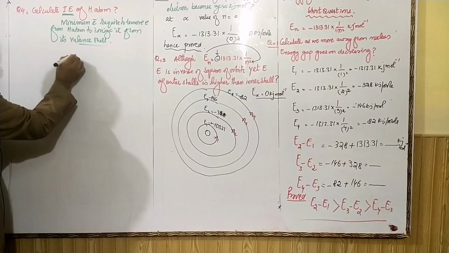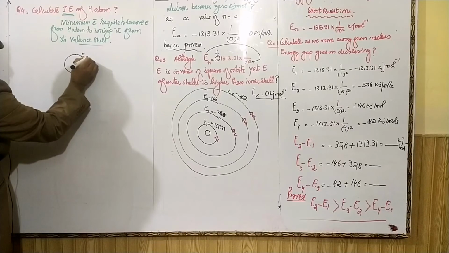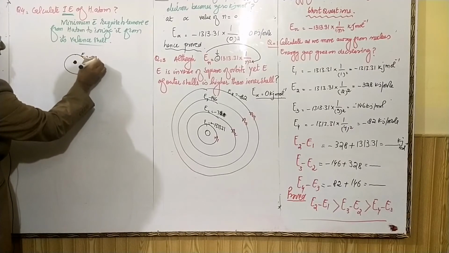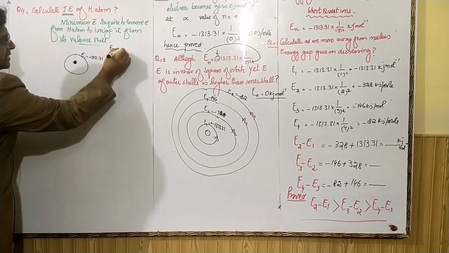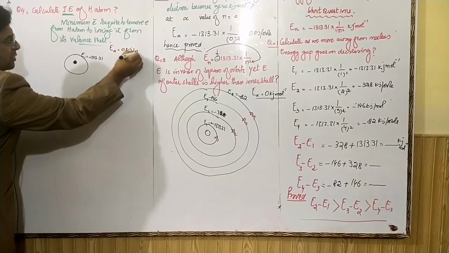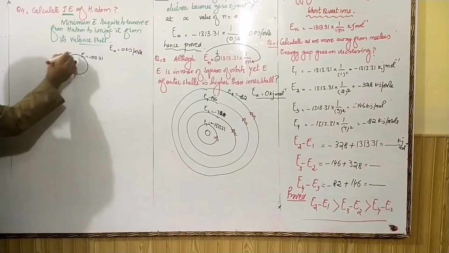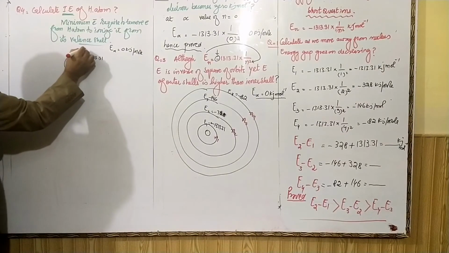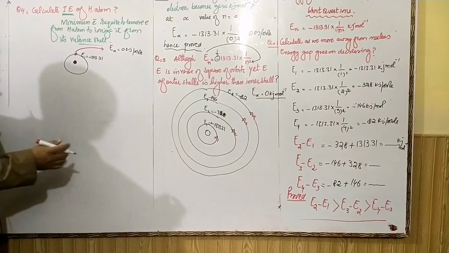In hydrogen, there is only one shell, that is first shell. Energy of first shell is minus 13.31. At infinity, energy is 0 kilojoule per mole. So, to ionize hydrogen, we have to remove this electron from first shell to infinity. How much energy is required?